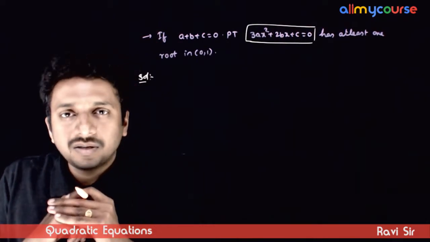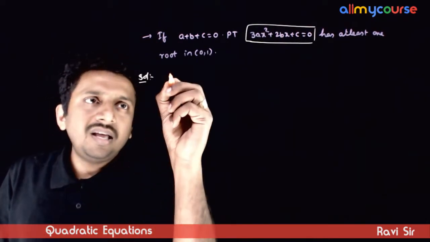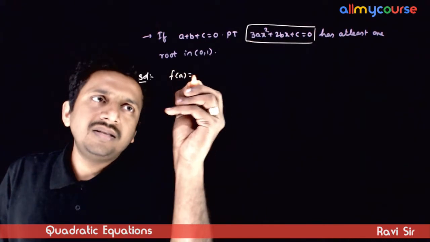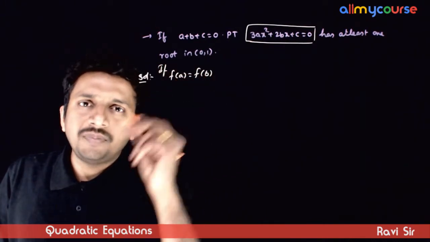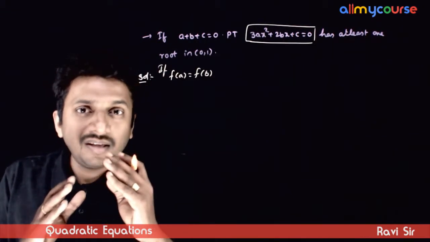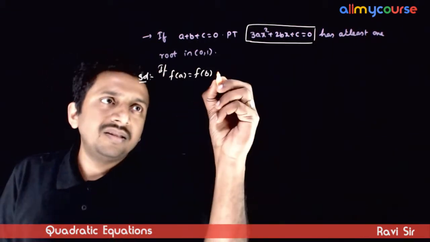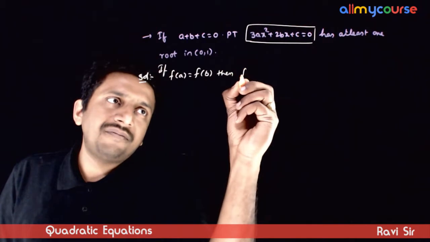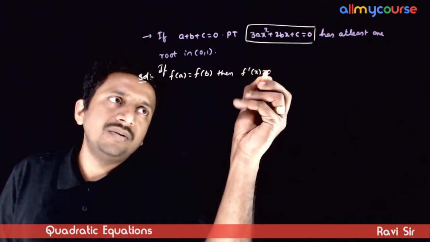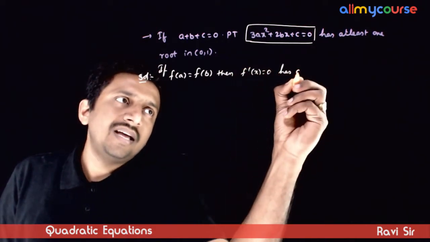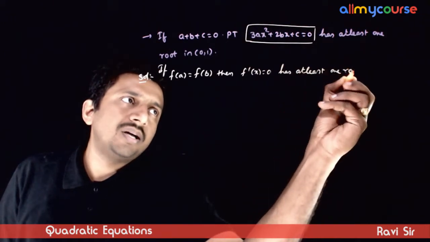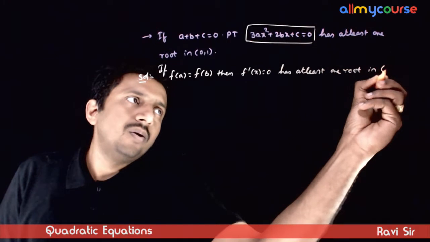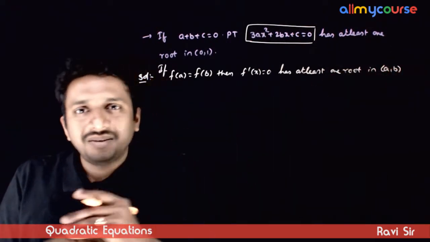Rolle's theorem. So what does Rolle's theorem say? If there are two numbers a and b such that f(a) = f(b), then f'(x) = 0 has at least one root in the open interval (a, b).